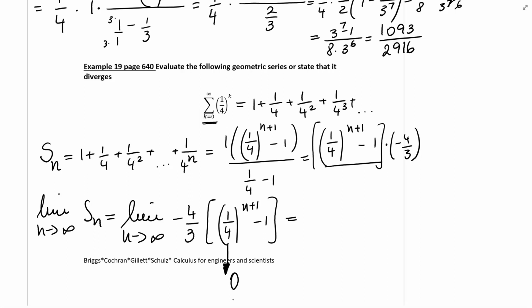Or we can say this is the same as 1 over 4 to the n plus 1, so it's like 1 over infinity. If you have one bread and you split it among millions and millions of people, how much bread do you give them? Well, almost 0, right? So we get 4 over 3. This is what this geometric series equals.